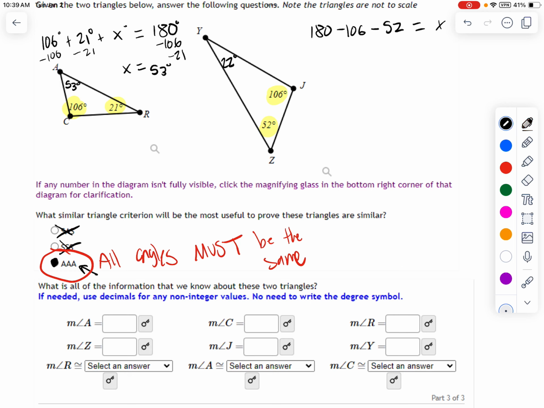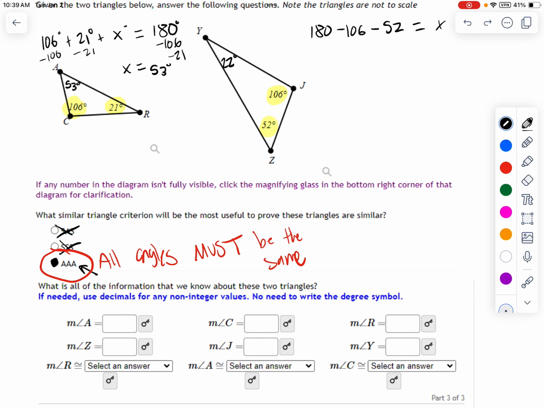Here we have a 106 and a 106, those are the same, huzzah. Here we have a 52, but that's not 53. Same thing here, 21 and 22 are not the same, which means these are not similar triangles, because even though they're very close to each other, they're not all the same angles. If that was 21 instead of 22, and if that was 53 instead of 52, they would be similar. But they're not.